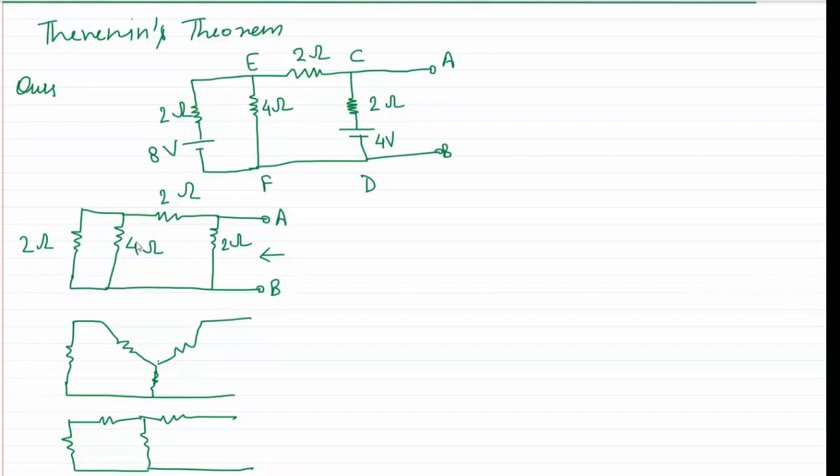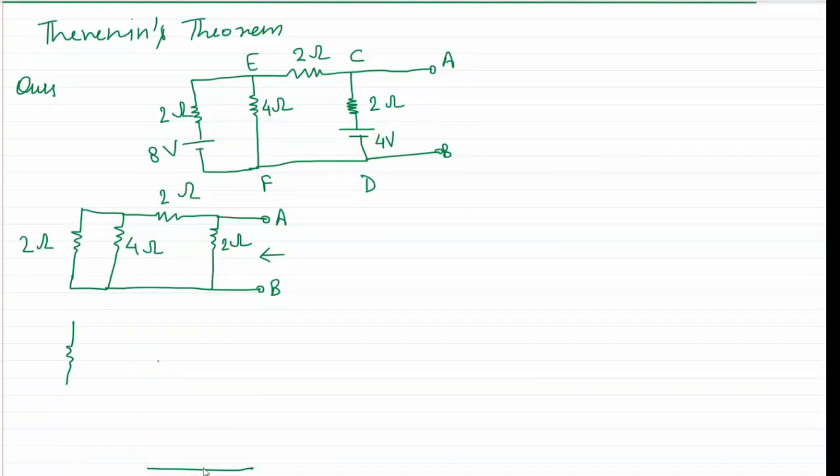Why? Because this is the star and this is delta only. So there is not much difference here. Okay, so you can do that. The answers will be the same, but only do the star to delta or delta to star transformation when it is very much required, because sometimes we are unable to solve the questions using one particular method.